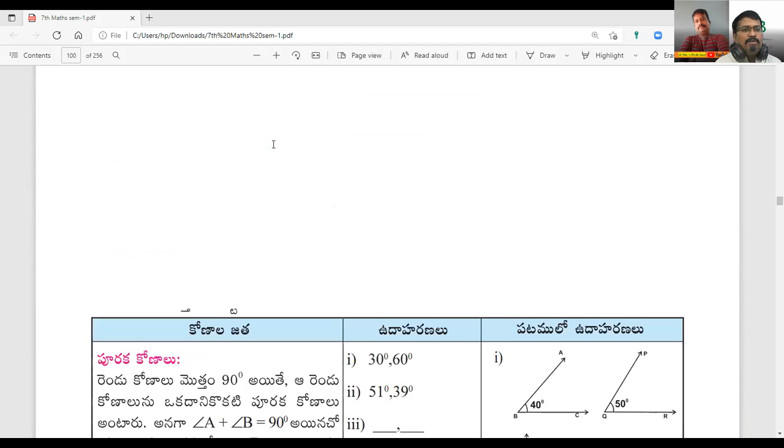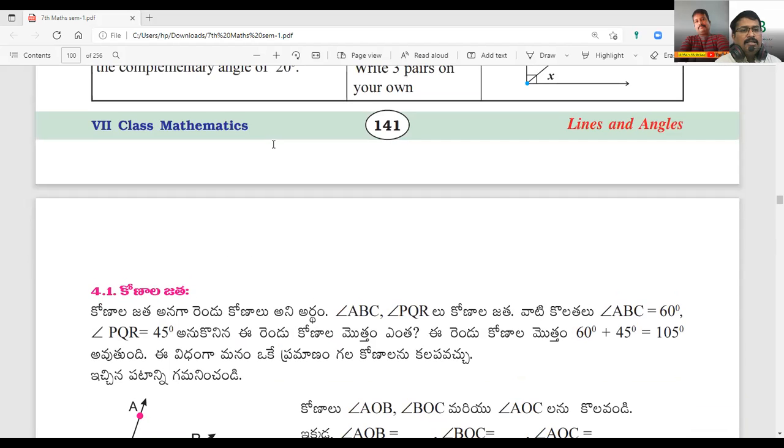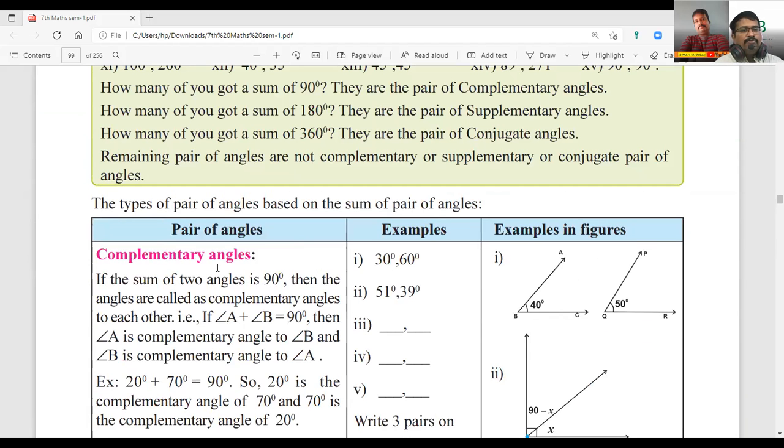If the sum of two angles is 90 degrees, then the angles are called complementary angles to each other.